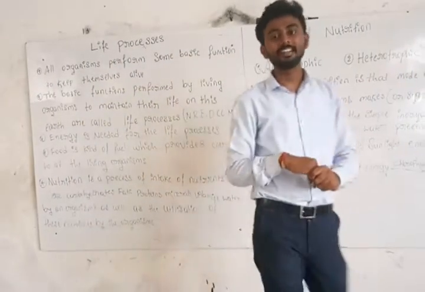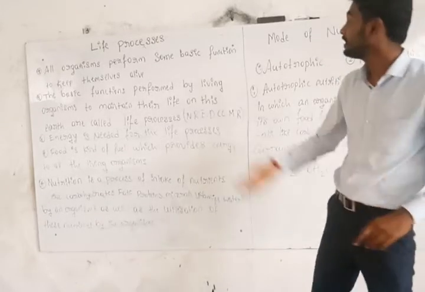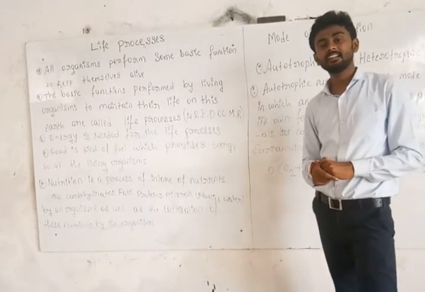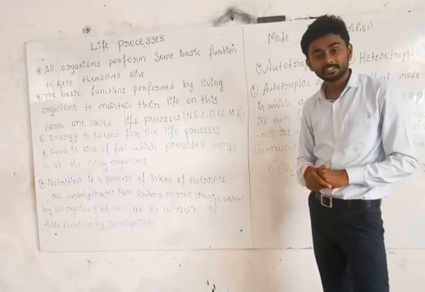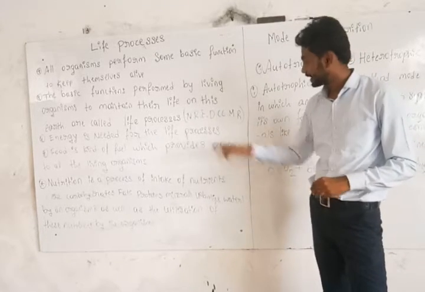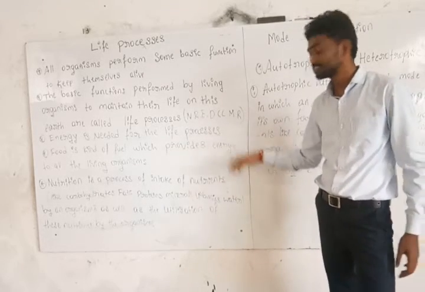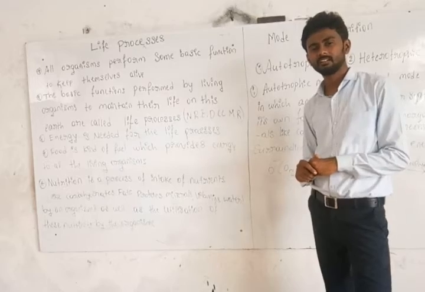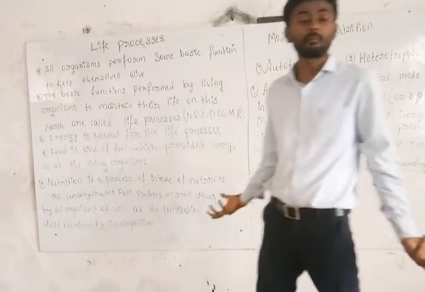For example, which types of functions are in the living organism? Nutrition, respiration, excretion, digestion, control and coordination, reproduction. So these types of things we can see in our bodies.